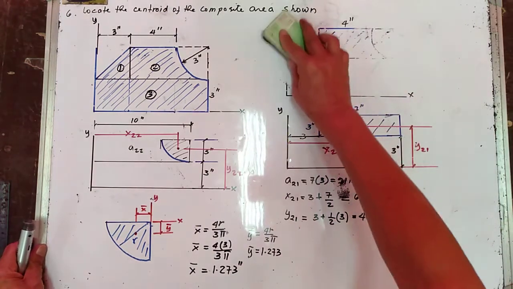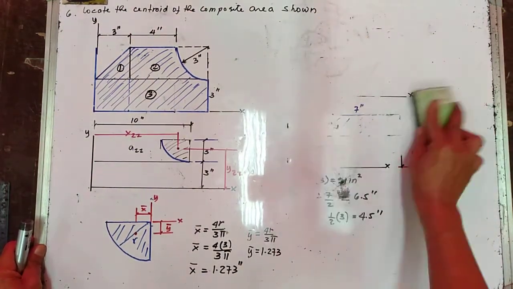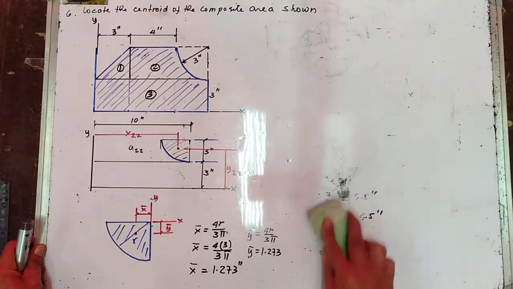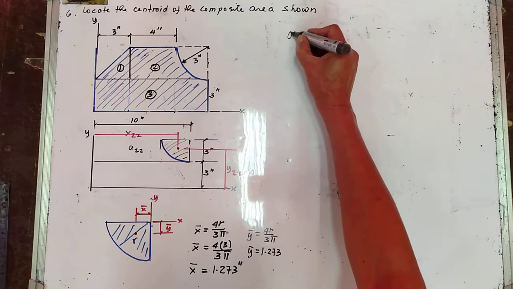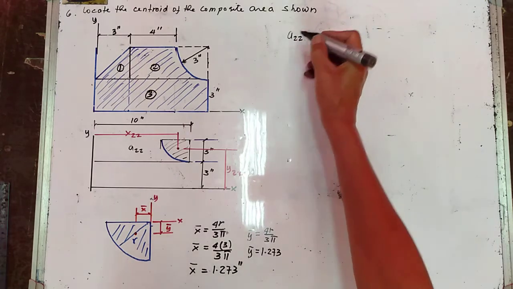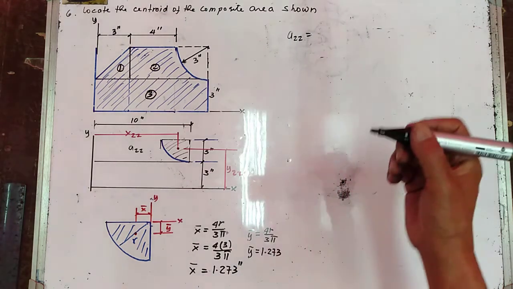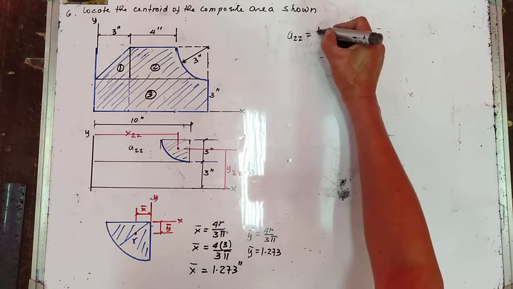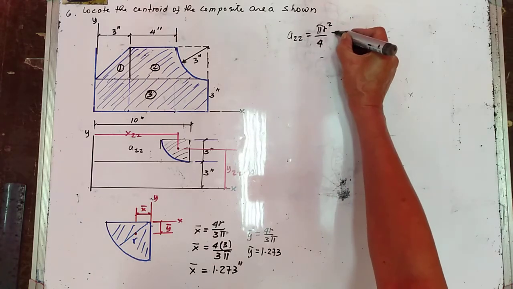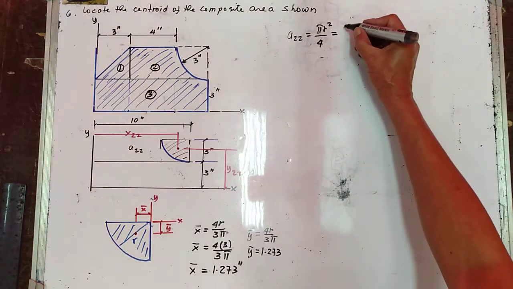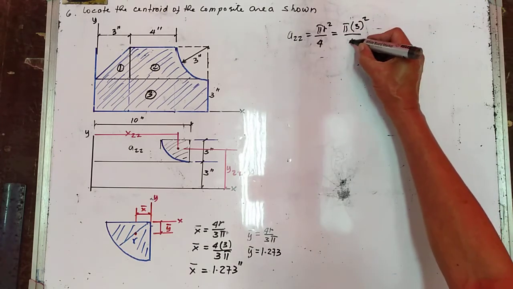Let's try to determine now your area 2-2. Your area 2-2 is equal to the area of a quarter of a circle. The area of a circle is pi r squared, so let's divide this by 4: pi times the radius 3 squared, all over 4.